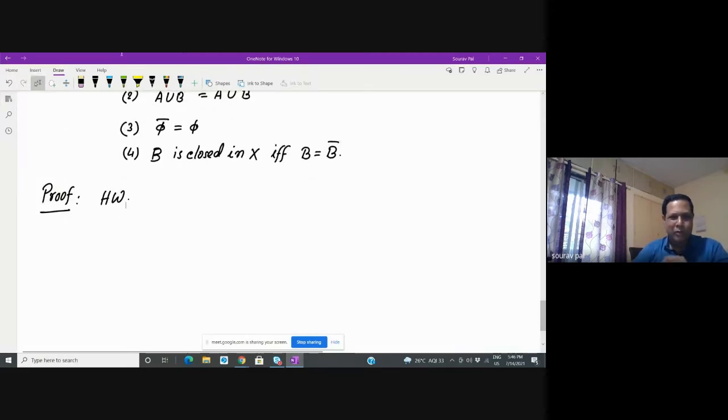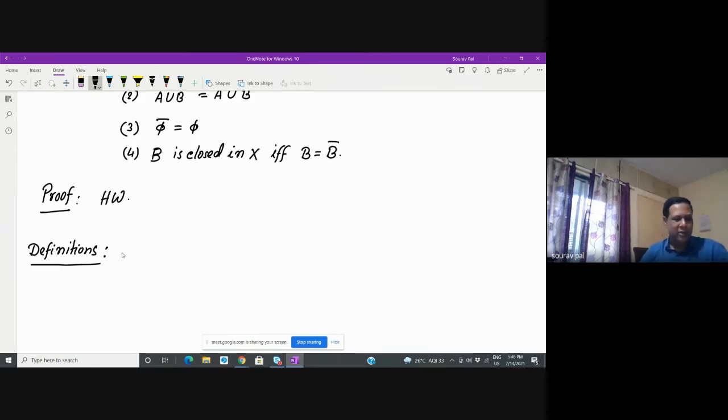So now I am coming to the point of defining interior point and limit point. Now I come to the point where it will coincide with your prior knowledge.